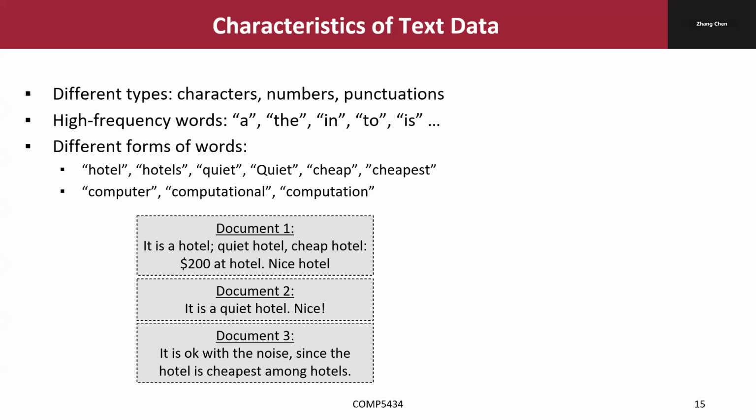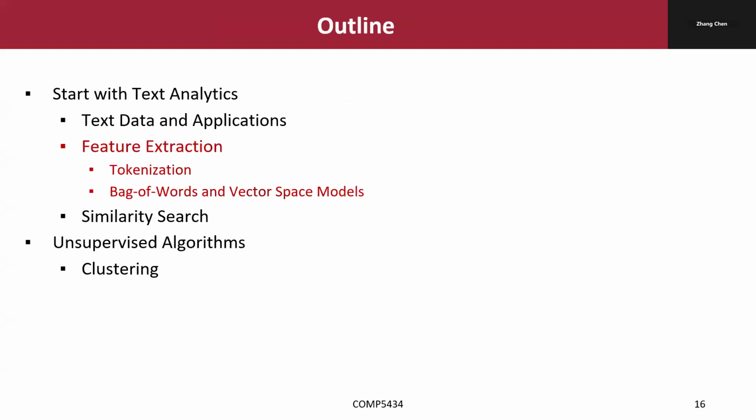Chinese is more problematic. Sometimes even the same words have different meanings. Chinese is more complex for text mining, right? Because of these issues, we cannot directly use raw text. It's difficult to use raw text for analysis, okay?